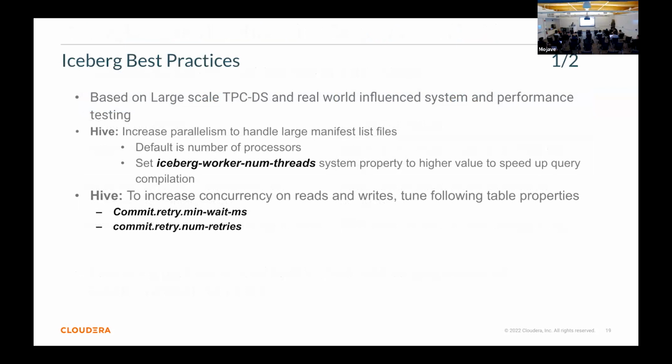So we did some tuning, for instance, for Hive, in order to handle large manifest files. We can tune certain parameters for increasing the parallelism and doing those reads. So these are some recommended attributes.